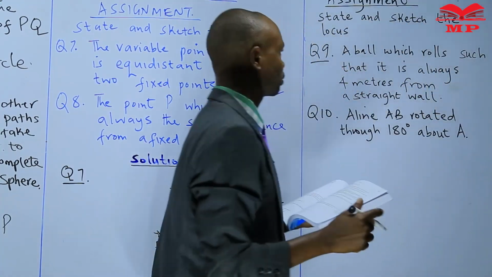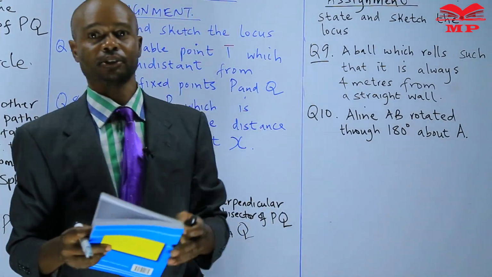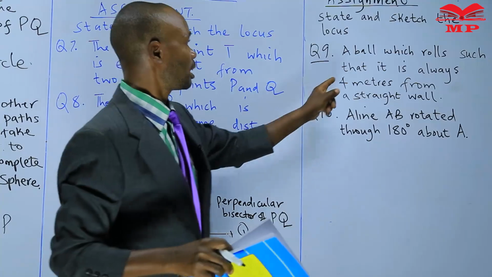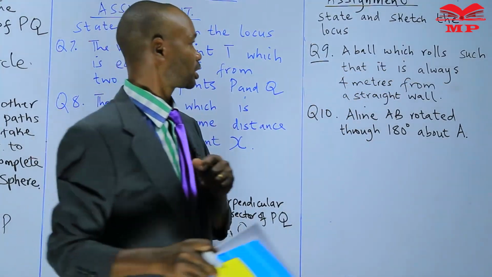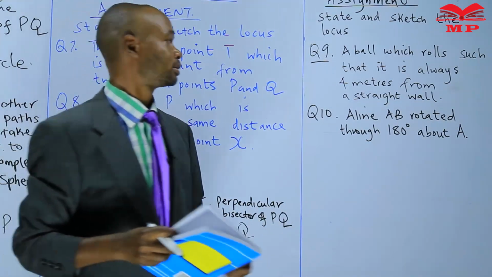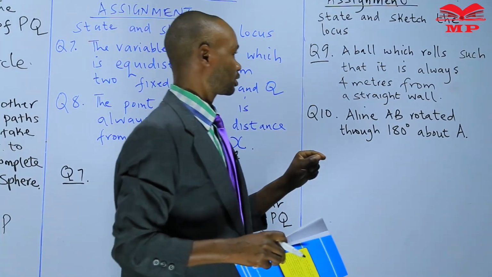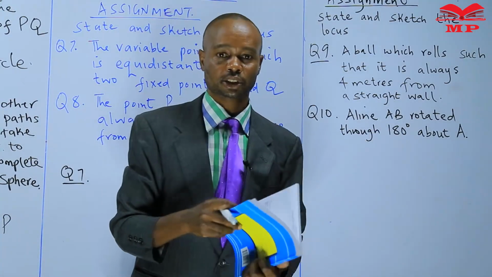You state and sketch the locus of a ball which rolls such that it is always 4 meters from a straight wall. Question 10, you also state and sketch the locus of a line AB rotated through 180 degrees from A.